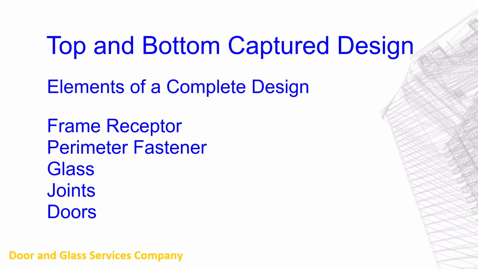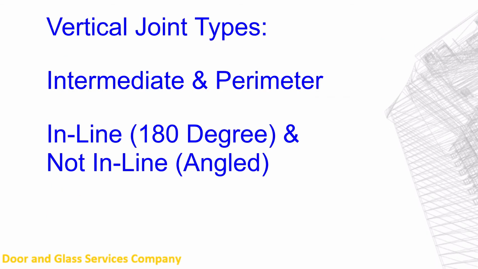move independently. Moving on from there, there are a limited number and type of joints and joint conditions that can be created in top and bottom captured glass systems. The variety of different ways that joints can be configured is limited to a relatively small set of possibilities.